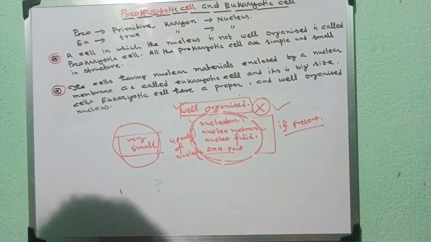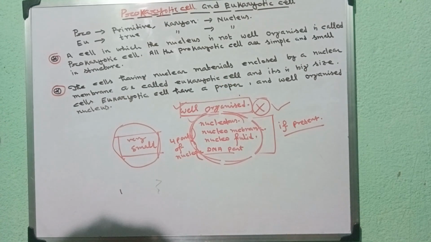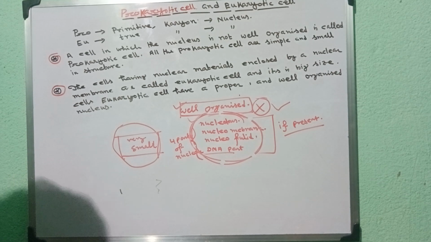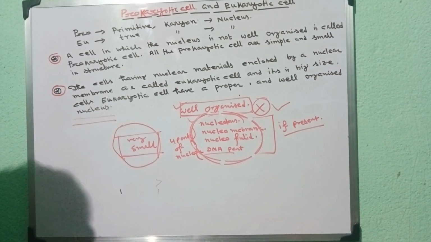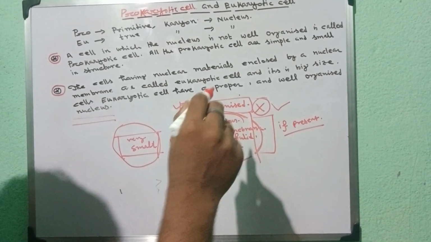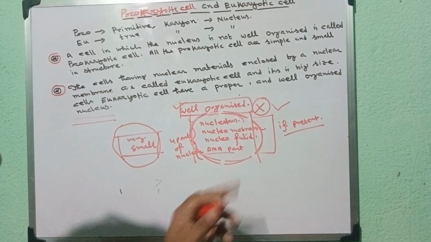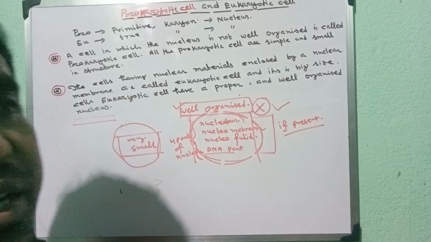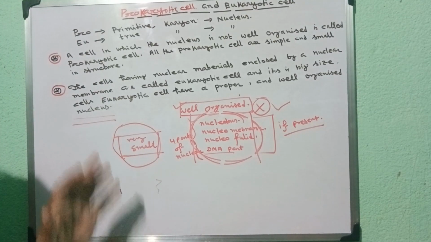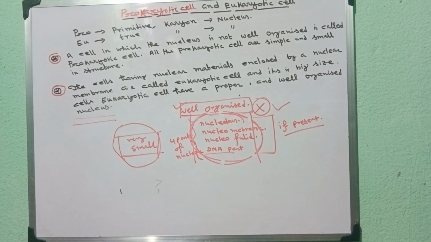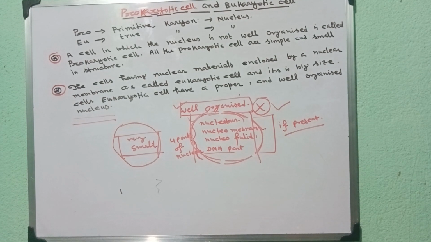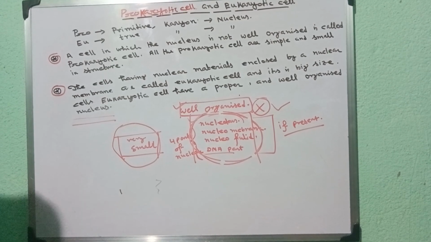It is big in size, and the eukaryotic cell has a proper, well organized nucleus, with the nuclear core part present and covered by a double layer membranous structure. So this is the basic definition of the prokaryotic and eukaryotic cell.